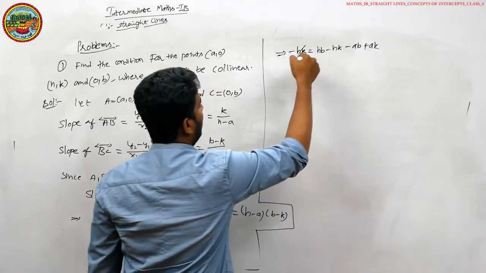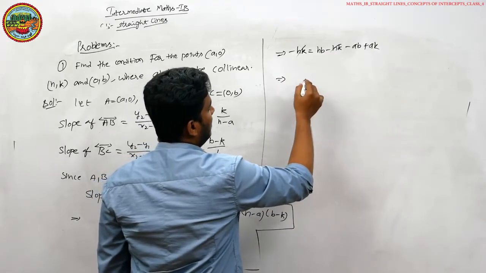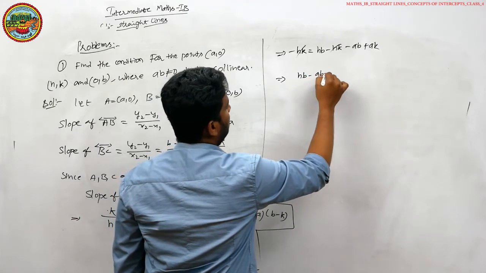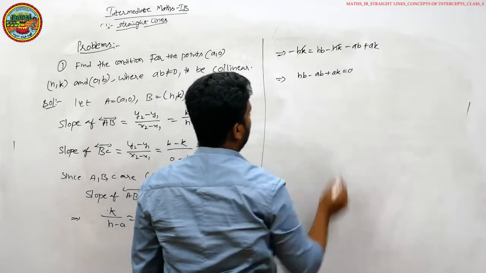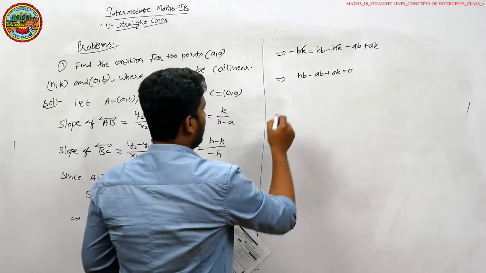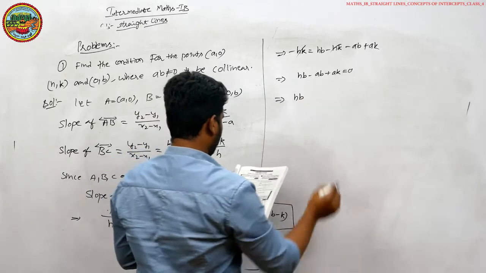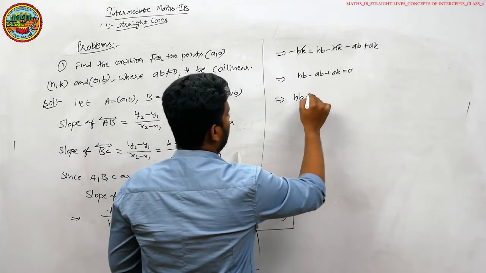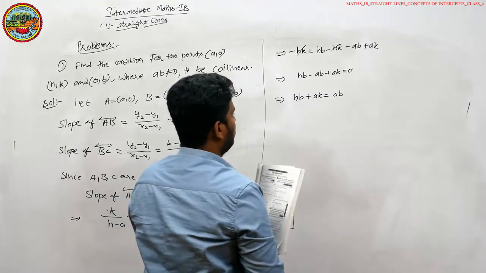Here minus hk on both sides get cancelled, and the remaining is hb minus ab plus ak is equal to 0. Therefore hb plus ak is equal to ab.